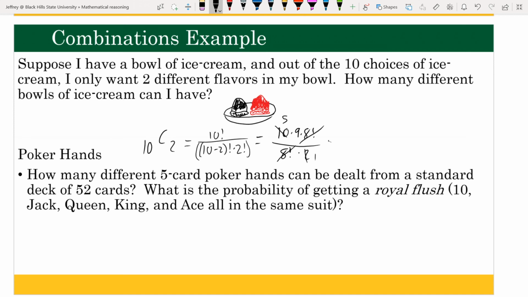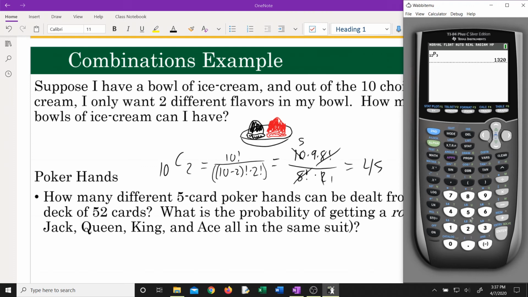So we end up with 5 times 9, which is 45 unique bowls of ice cream. Again, on the calculator, I would type 10 first. Then I go to math, then PROB. Then I select nCr. I would type in the number 2, enter, and I get the same answer.